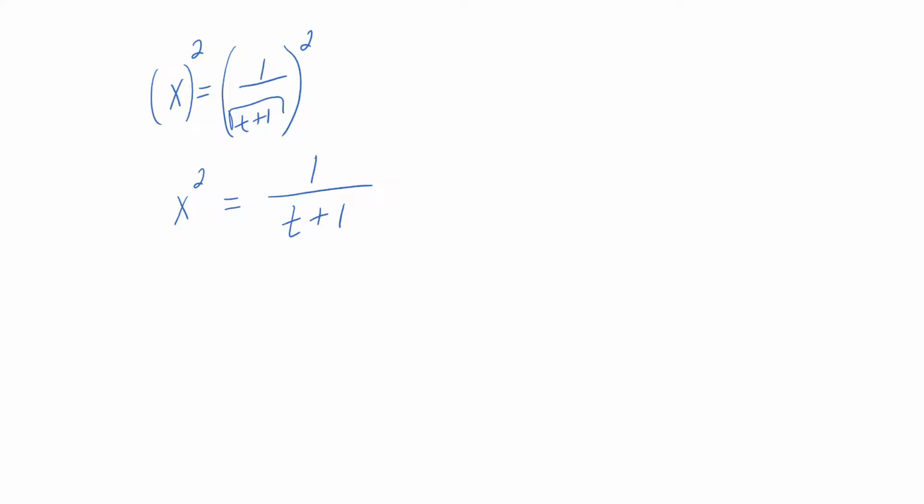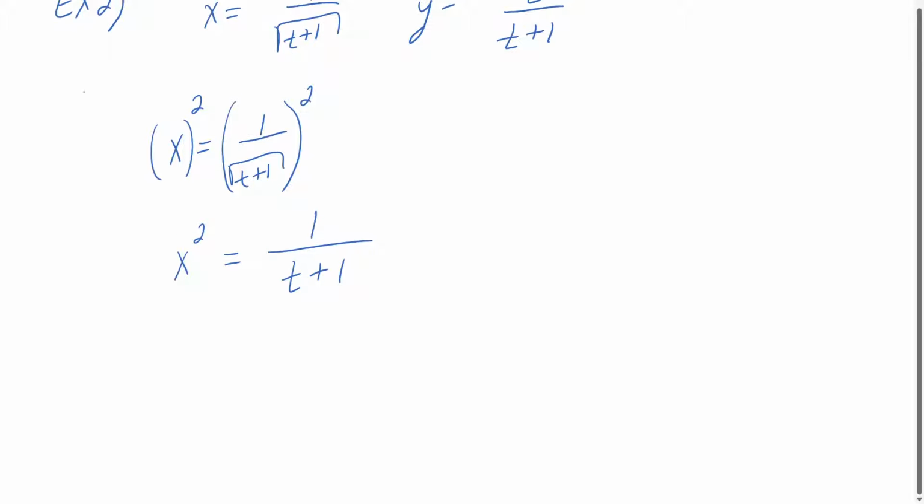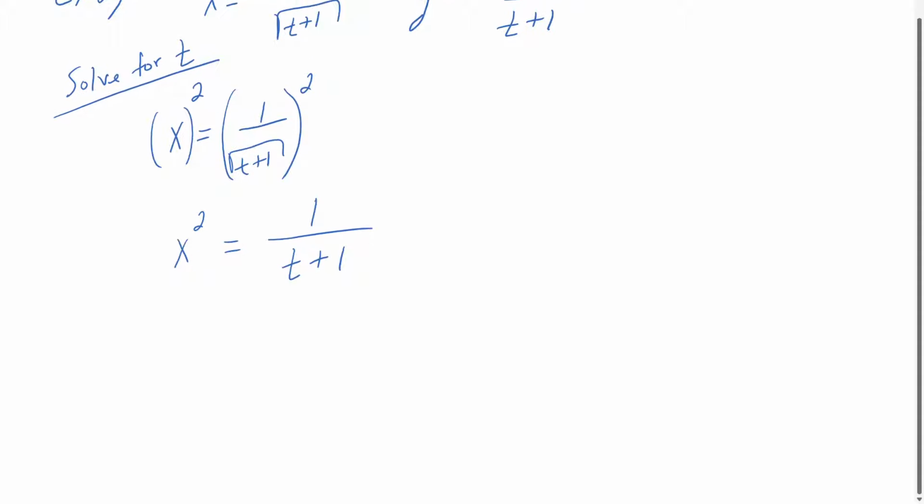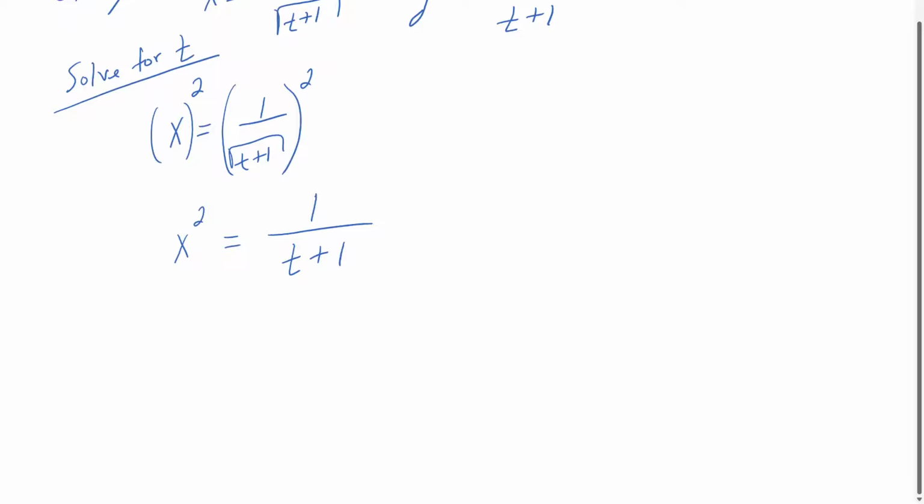And then I want to get the t in the numerator, because our goal here is to solve for t. So what I can do here is just flip both sides.